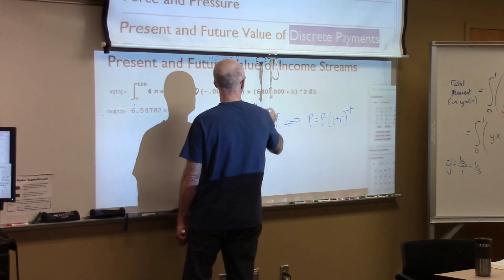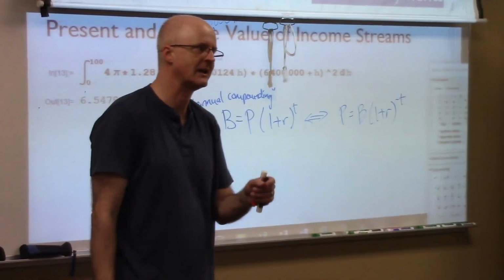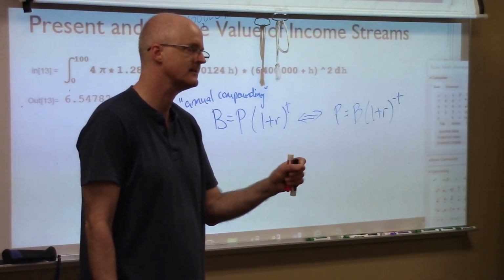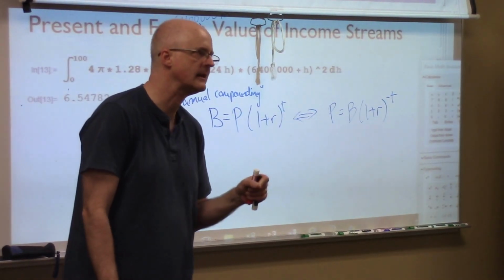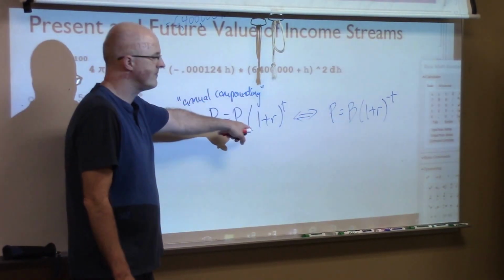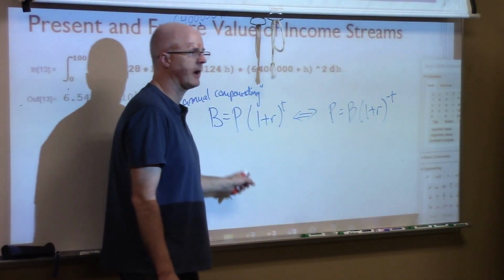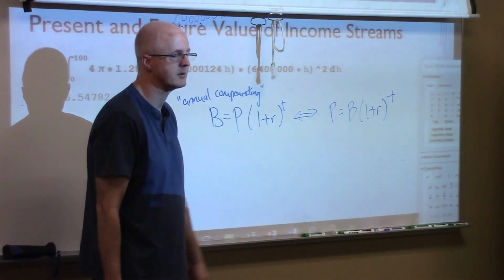Now, if it really is a bank, money in a bank, they really do give you your money at only certain times. Maybe once a year or maybe once a quarter, more likely. But for us, technically speaking, it will be okay for us to use these formulas for values of t that are not whole numbers.